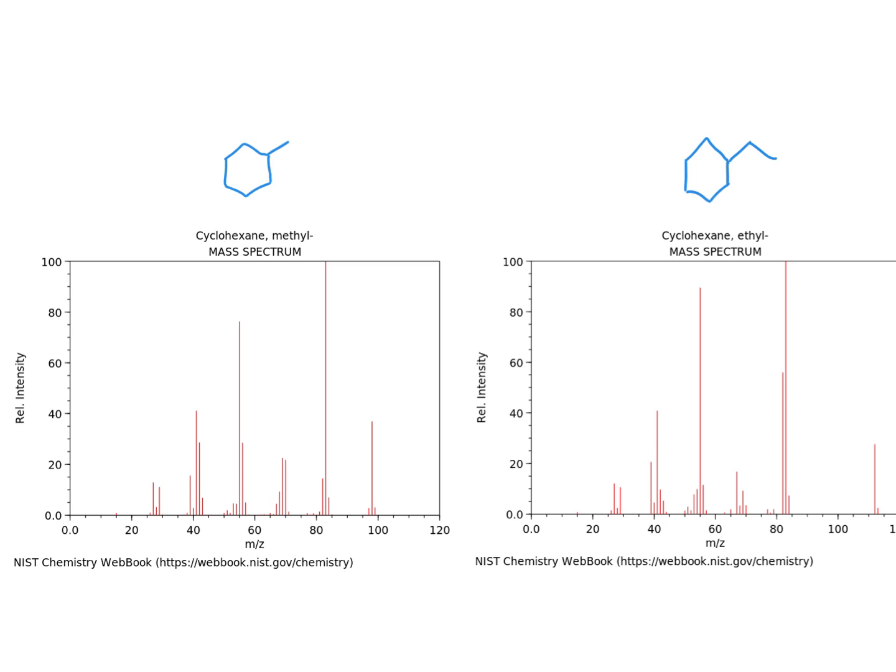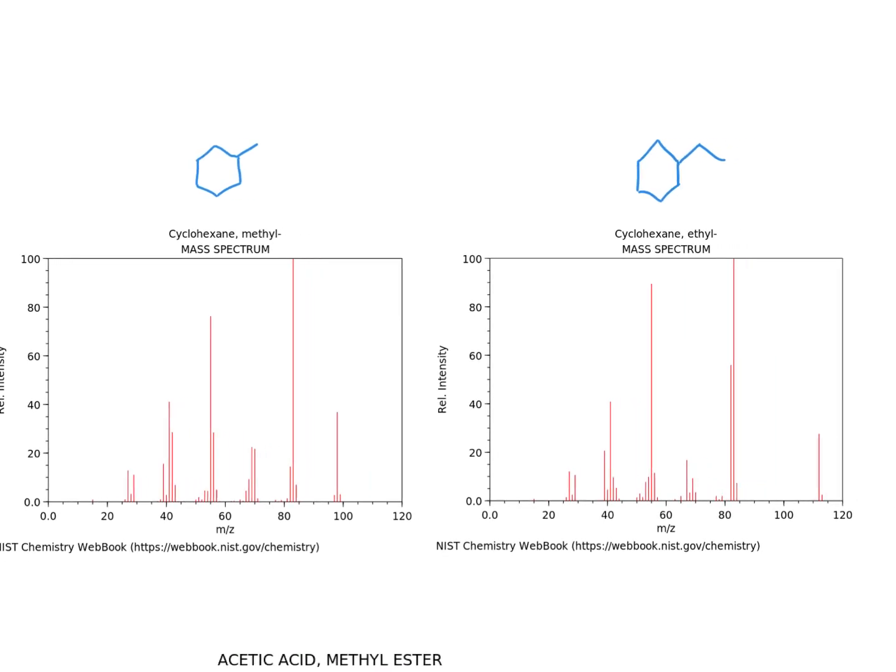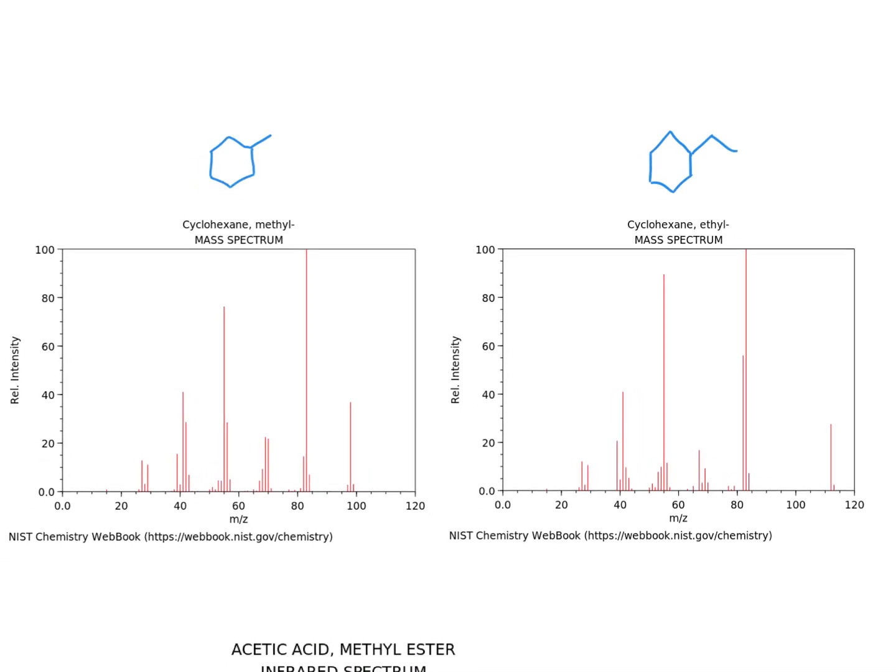Okay, here are the other things that I want you to be able to see. I've given you two examples for a reason. Here we have methyl cyclohexane, and to the right, we have ethyl cyclohexane. What's the difference? Well, I see the difference pretty quickly, and that is this difference in this last peak, in addition to the overall mass.